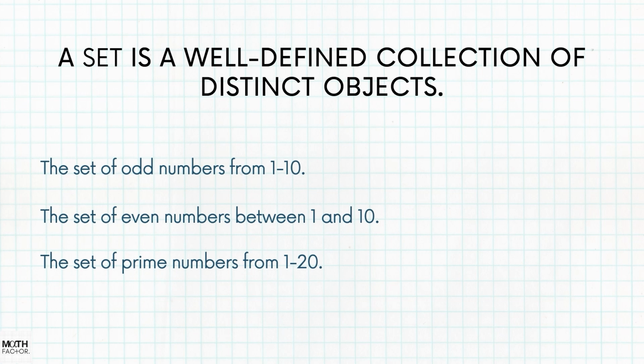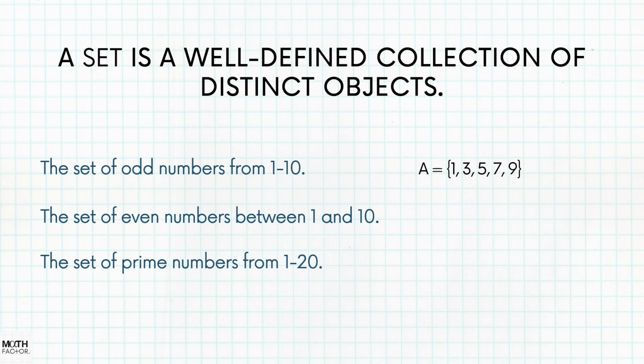For our first set, the set of odd numbers from 1 to 10, we will use capital letter A to name the set. This is followed by an equal sign with braces and all of the defined objects in it. The defined objects are 1, 3, 5, 7, and 9.